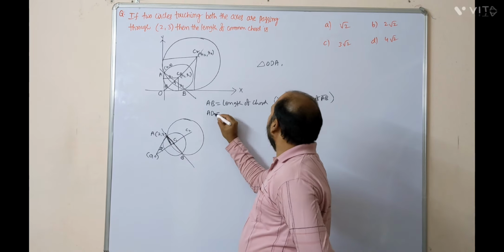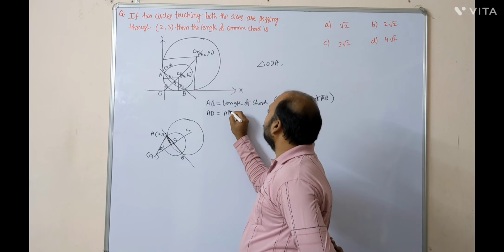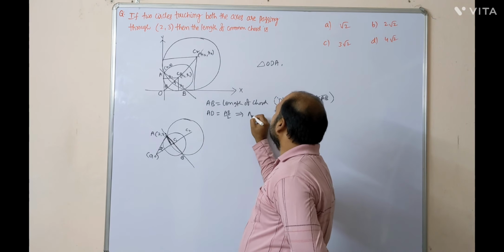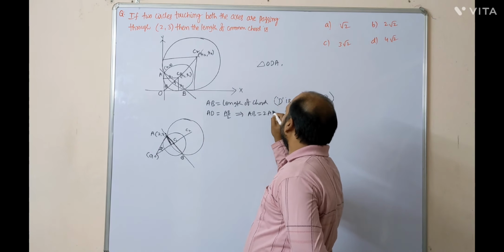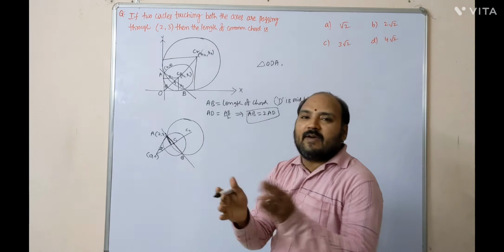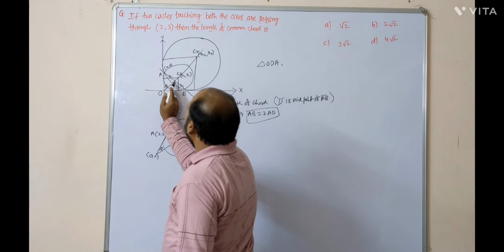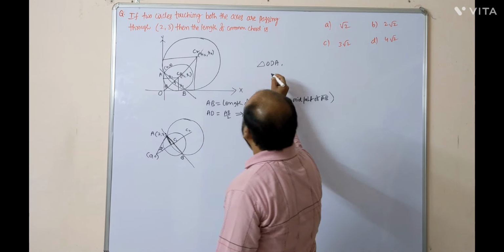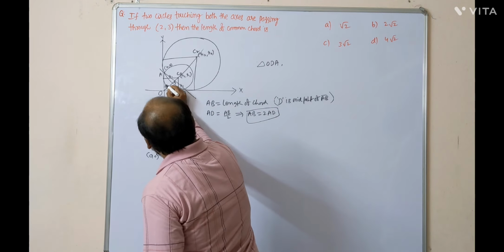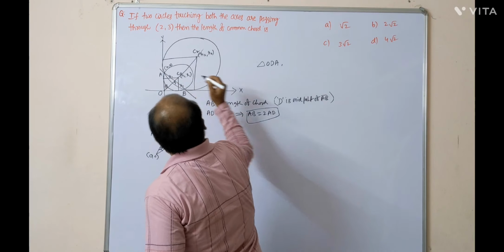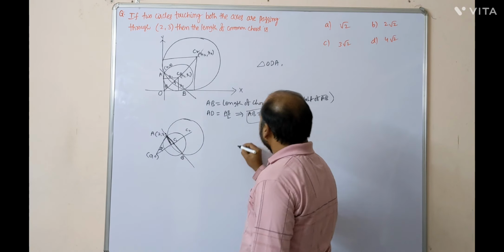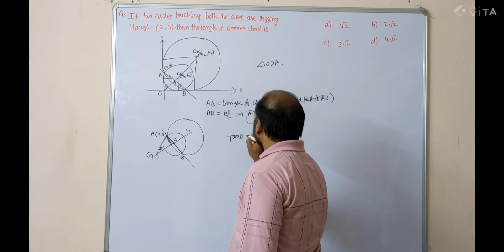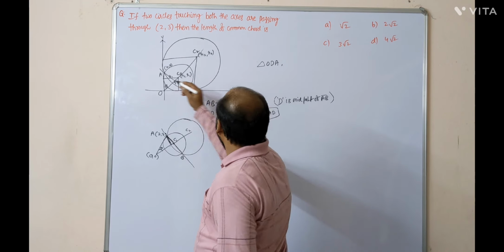So AD becomes AB by 2. That implies AB is equal to twice AD. So I want the AD value from here. From triangle OAD, this angle is theta I am taking now. This slope I want, so the slope of OA. From this, tan theta equals the slope of OA, calculate first.